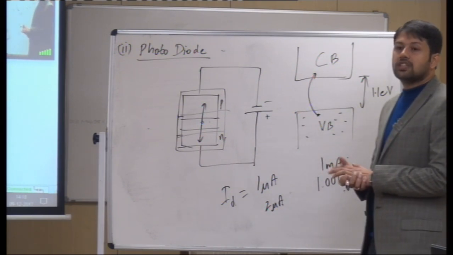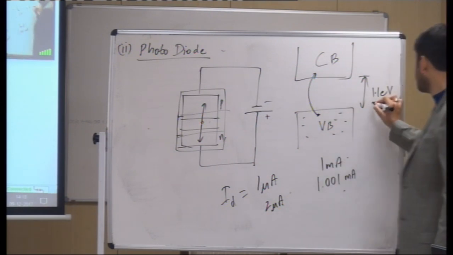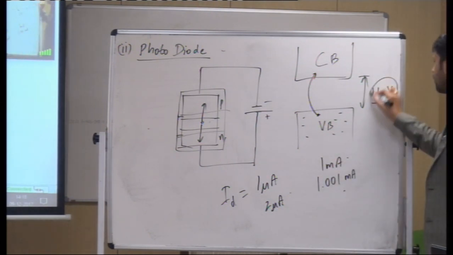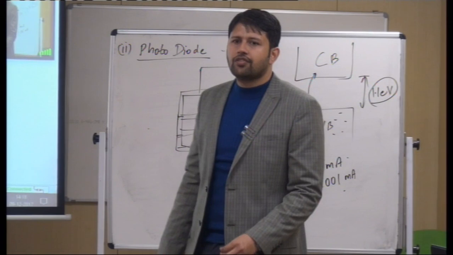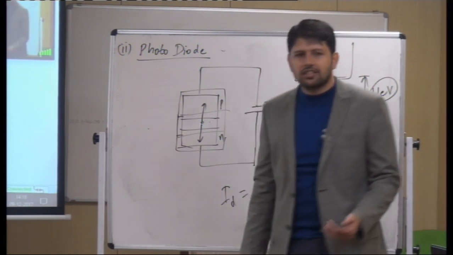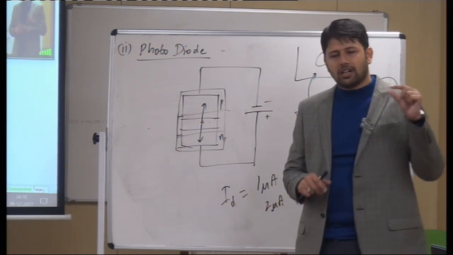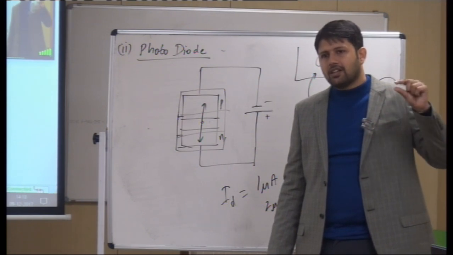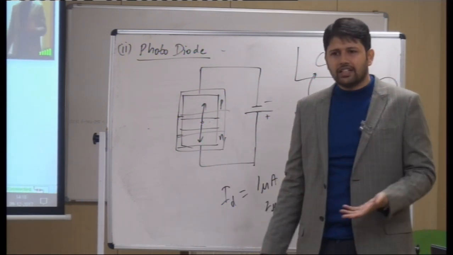It is used in security systems. 1.1 electron volt is the energy of a photon in the infrared region. So in these security devices, the infrared light source is an LED, light emitting diode.